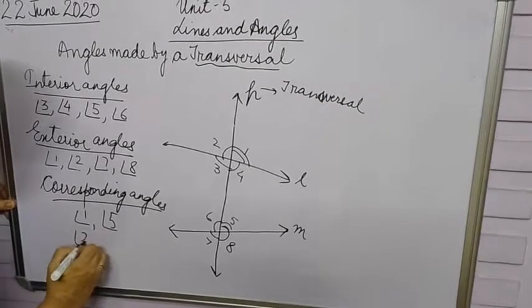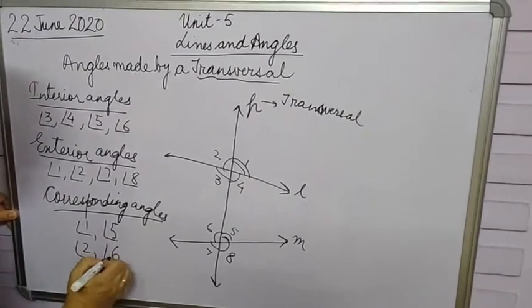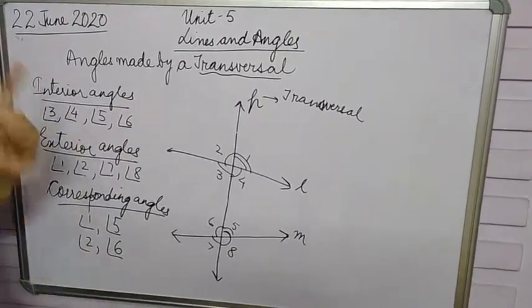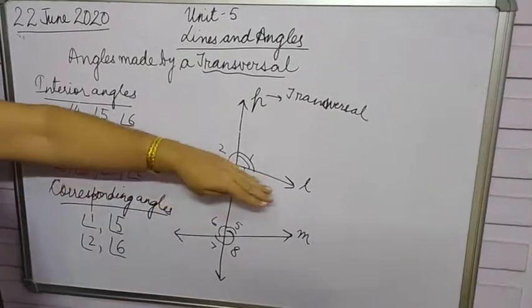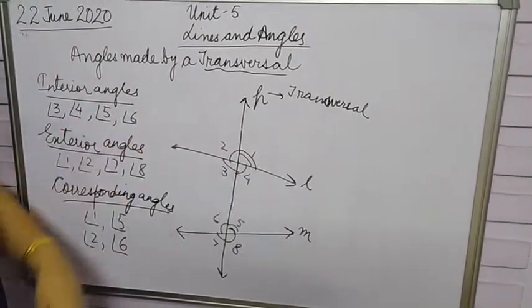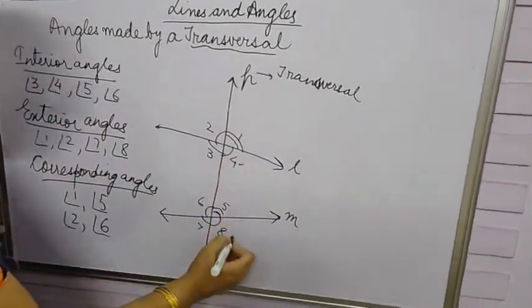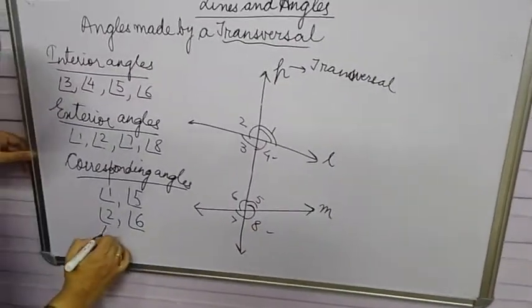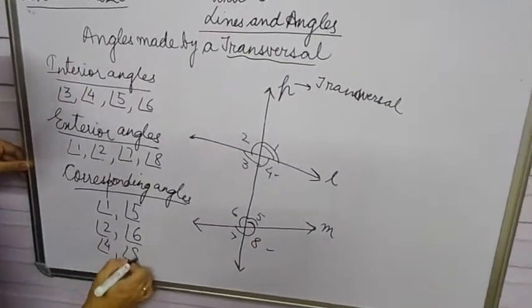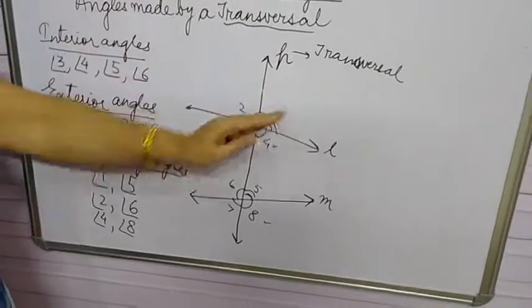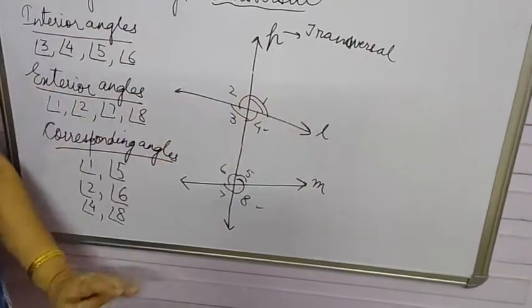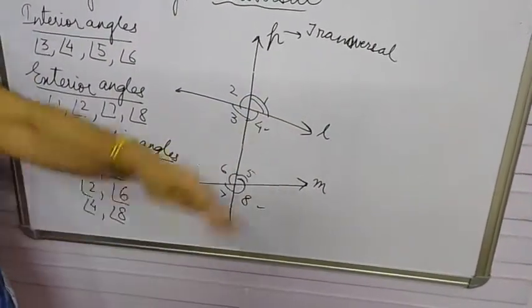Same side, same position. दोनों angles transversal के same side पे होने चाहिए. दोनों angle same type की location में होने चाहिए. Next is, see angle 4 and angle 8. Angle 4 lies towards right of transversal. 8 also lies towards right.